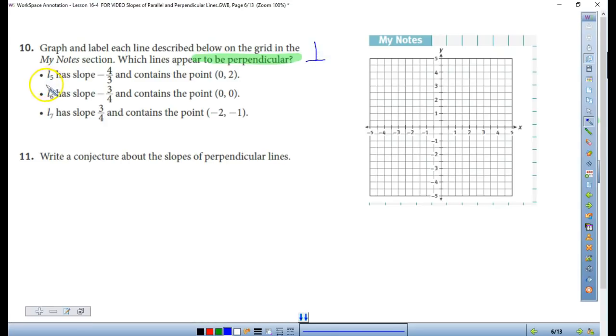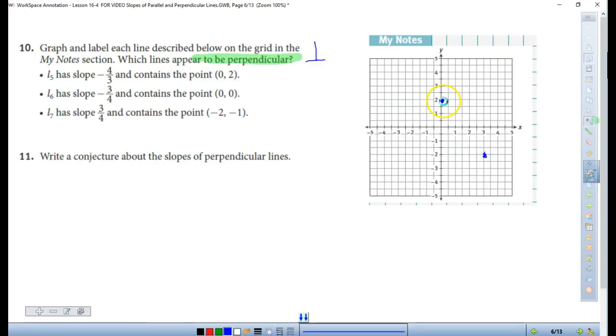So L5 has a slope of negative 4/3 and contains (0, 2). So I'll put (0, 2). Now this scale, you've got to be careful about. It's going by halves. So when I go down 4 over 3, I'll go down 1, 2, 3, 4 over 1, 2, 3.